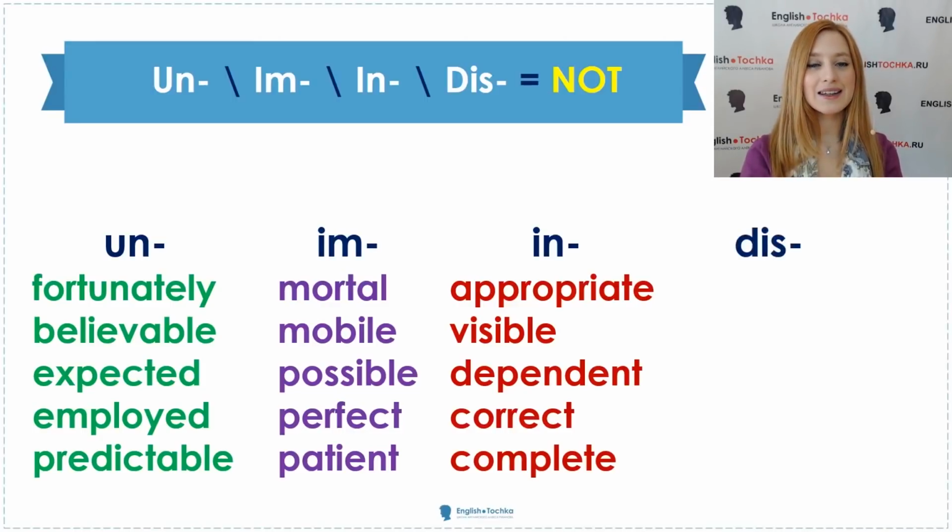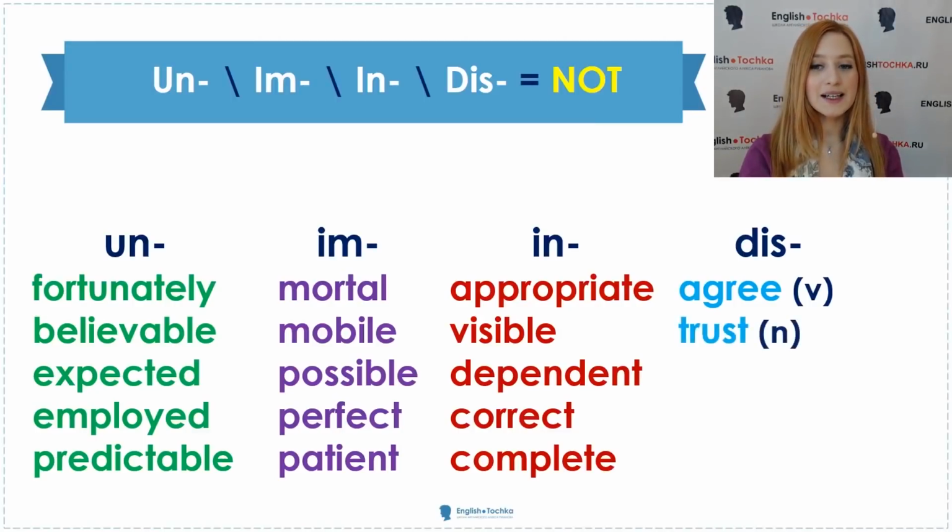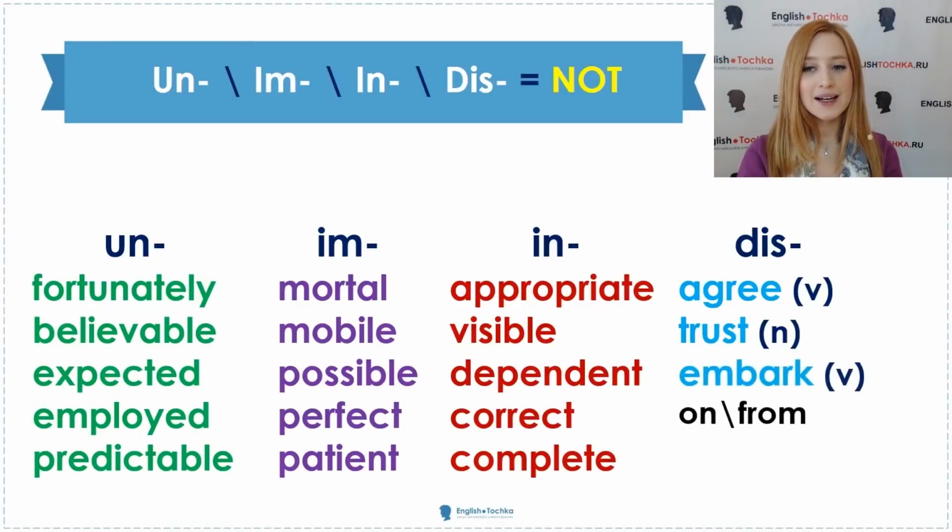Dis. It's interesting that this can also be a negative prefix. So we can agree or we can disagree with someone. We can trust, and then we have some kind of trust. Or we might have some distrust in our relationship.